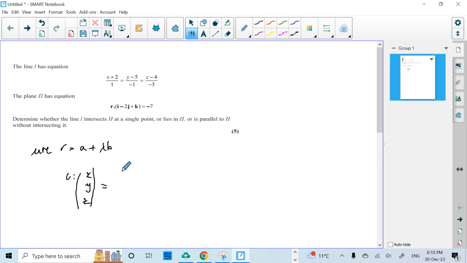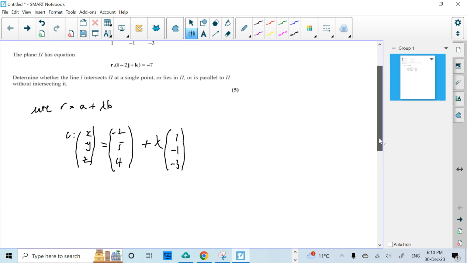So we've got x plus 2 equals 0, so minus 2, y minus 5 equals 0, so 5, and z minus 4 equals 0, so 4. So minus 2, 5, and 4 is a, and then plus lambda b, and that's all your denominators, which is 1, minus 1 and minus 3. That's how I teach it, and it seems good to go.